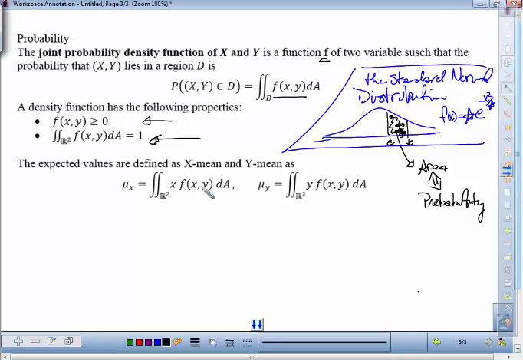And then after that, you can find the expected value, or the average in the x and the average in the y.